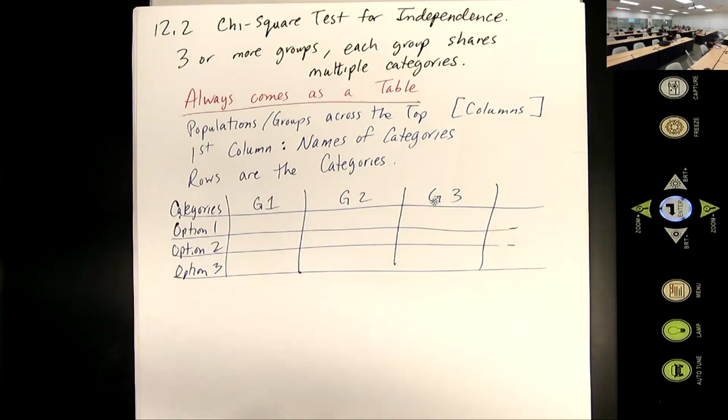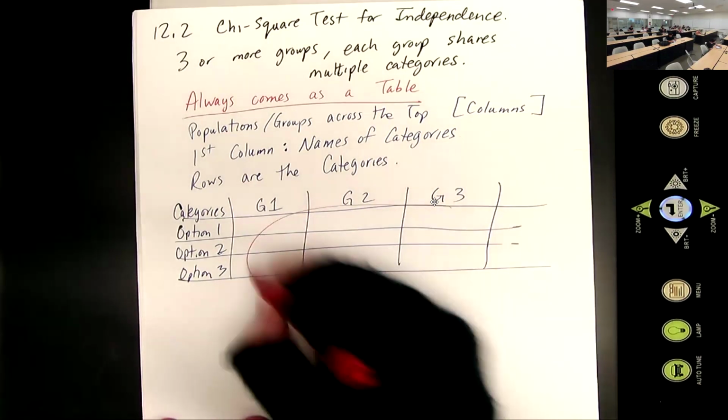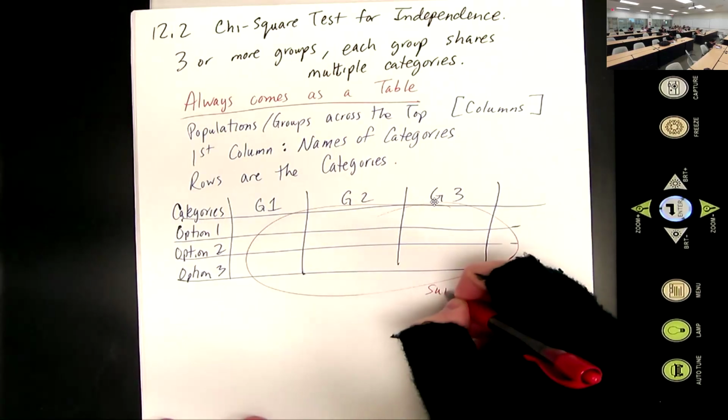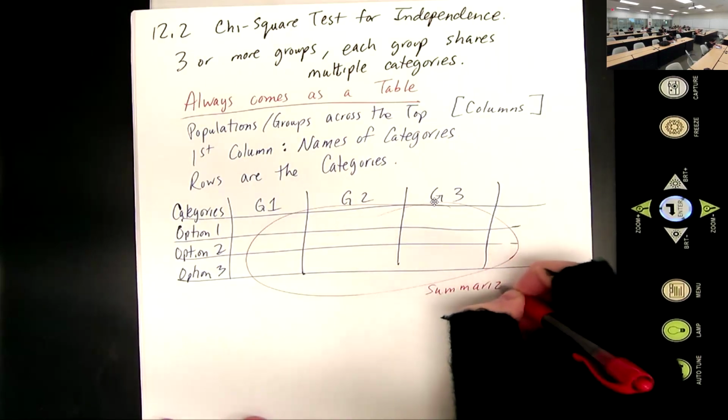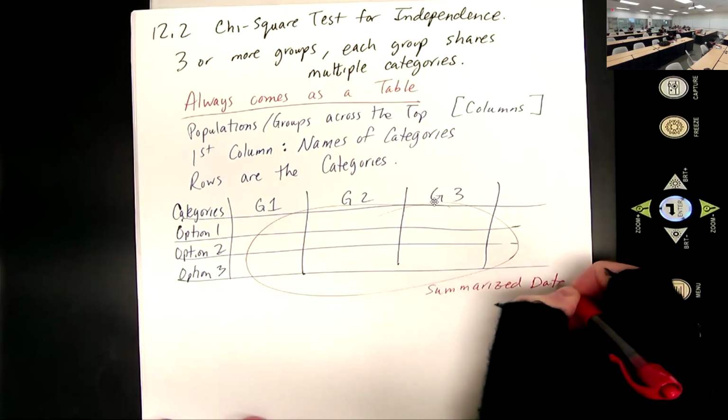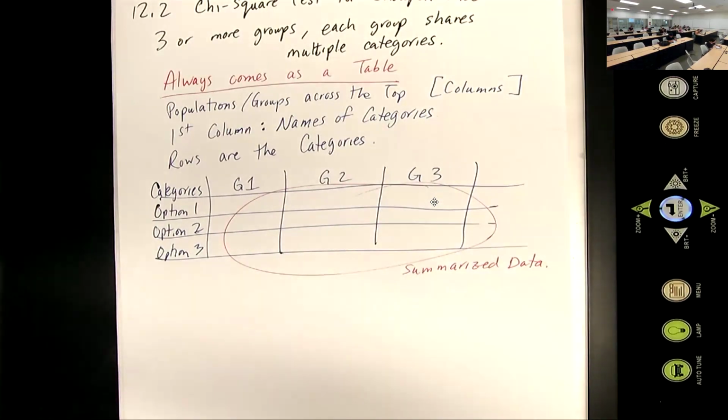And then in these boxes, we'll put the summarized data. We'll just add up each one and put it in. If the problem is given to you as a table, it's already done for you. And it should be given to you as a table.